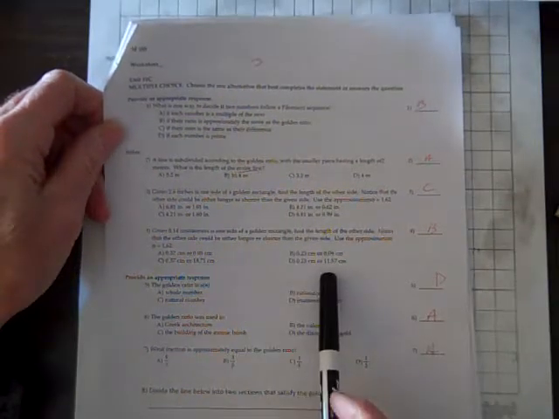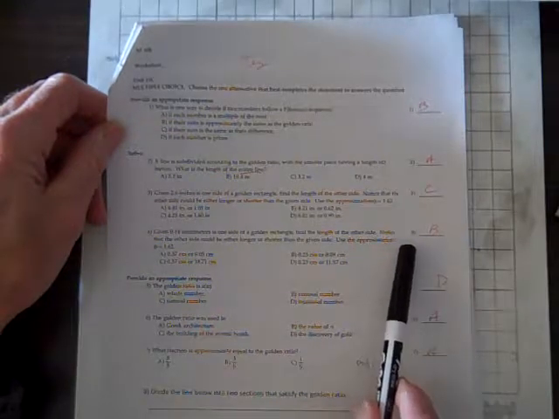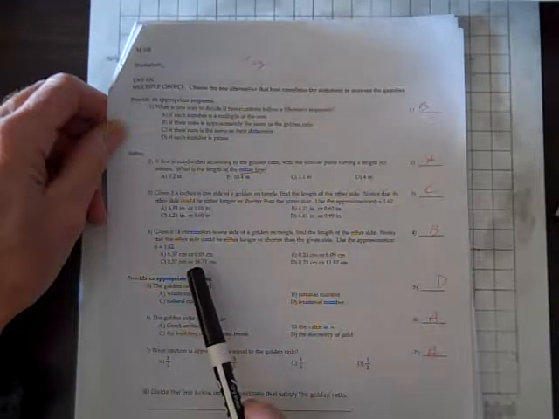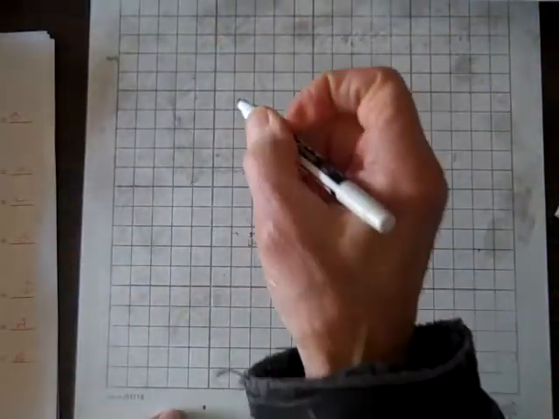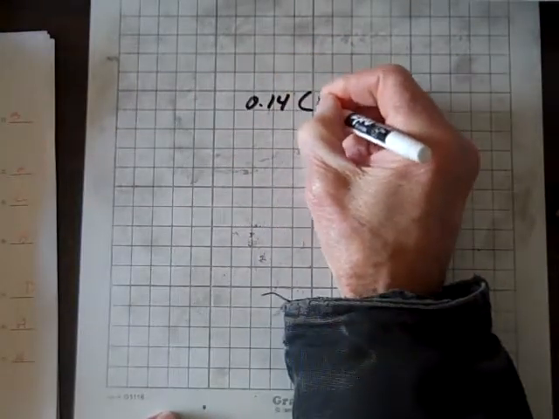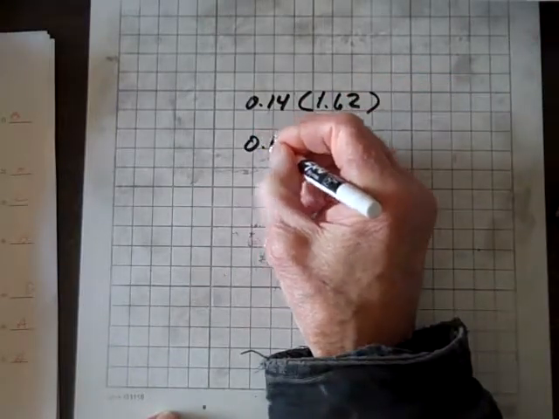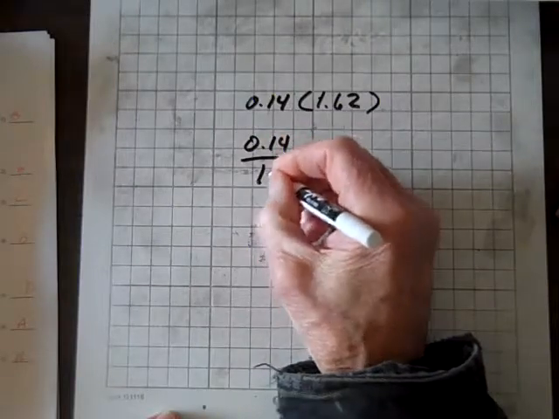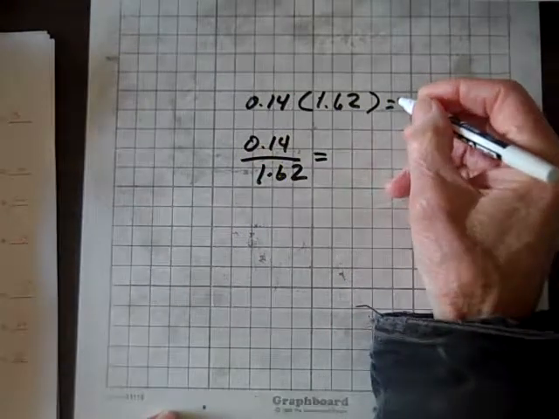And let's see, 4 says, given 0.14 centimeters is one side of the golden rectangle, find the length of the other side. Notice that it could be longer or shorter. So we're going to multiply 0.14 times 1.62, and we're going to divide 0.14 by 1.62, and those will give us our other two options.